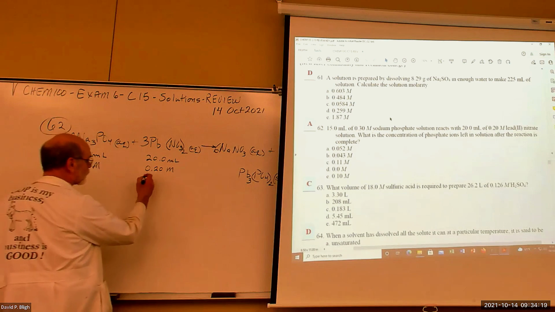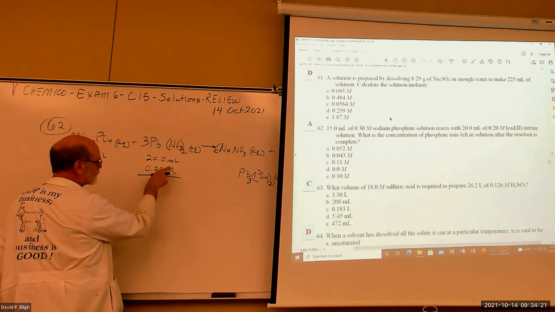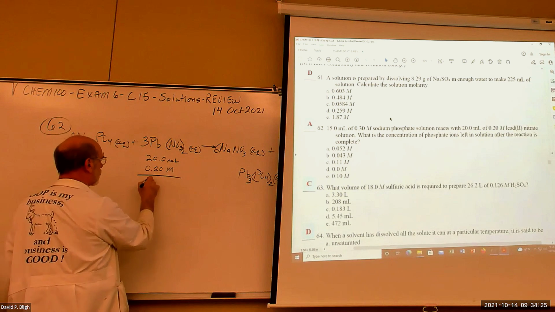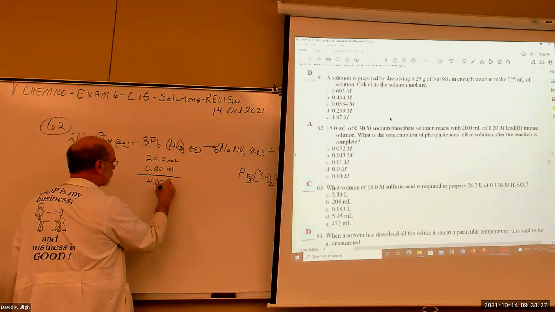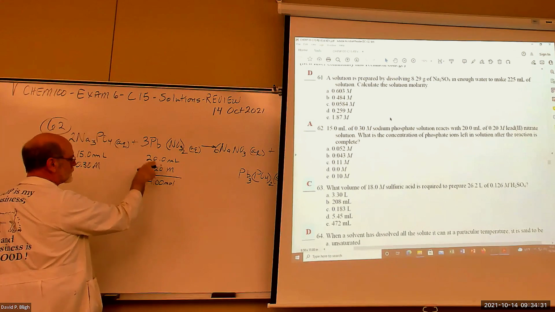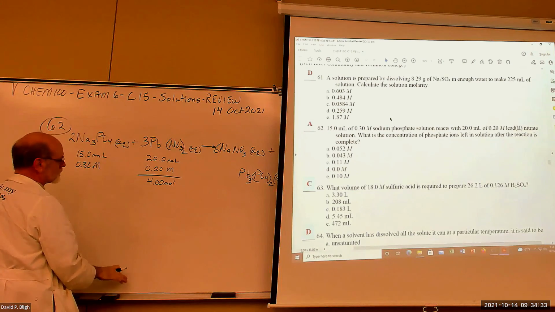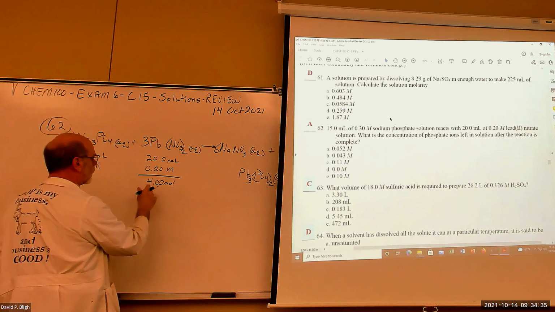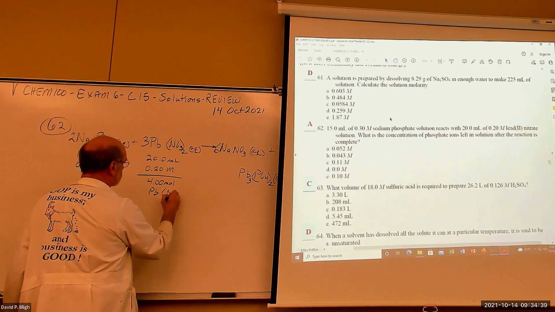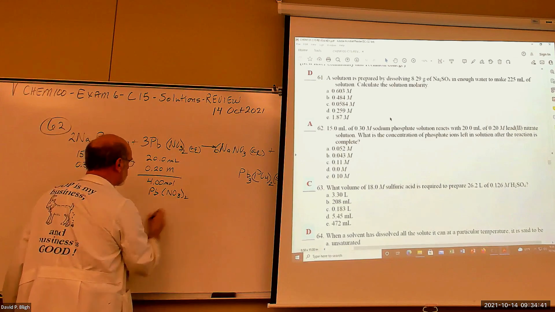Right? So this one is 0.2 times 20 is 4 moles, right? A tenth of that would be 2, and 2 times a tenth would be 4 moles of lead nitrate.